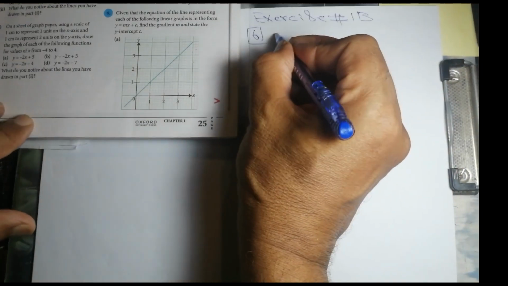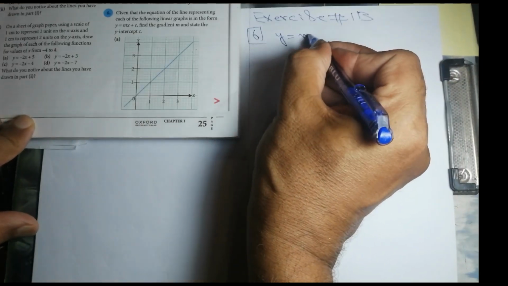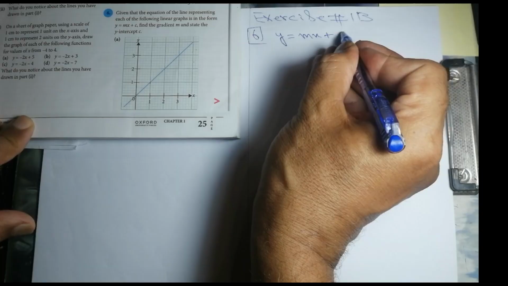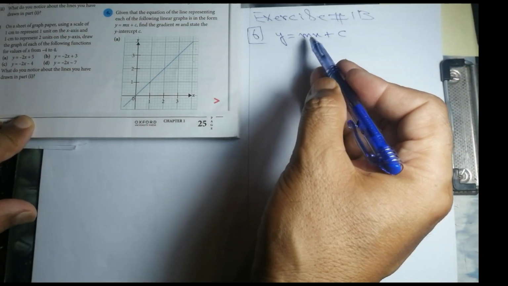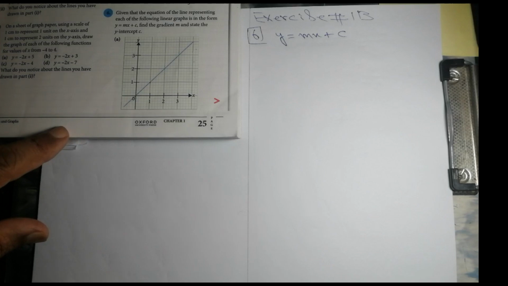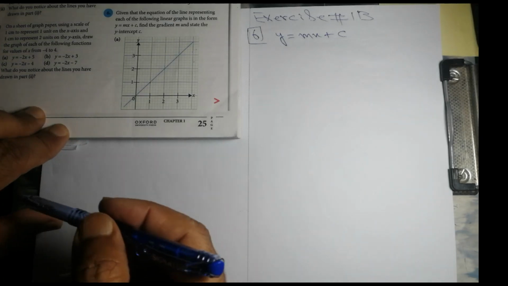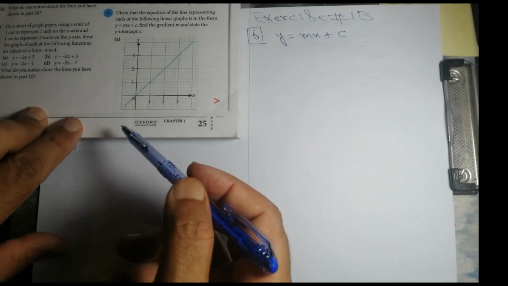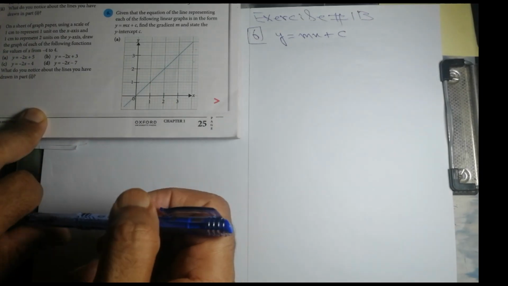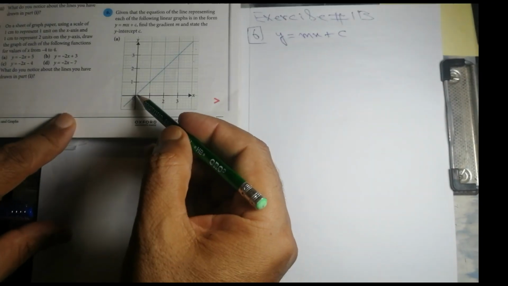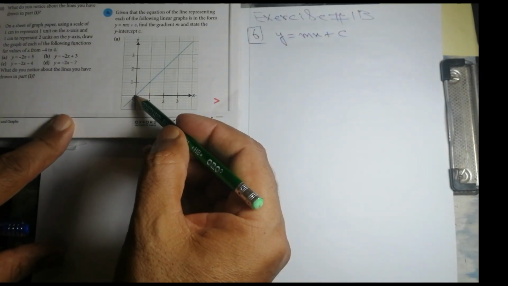So y equal to mx plus c. c is the y-intercept and m is the gradient. We need to find the gradient and c, which is the y-intercept. So first of all, let me explain the direction of the line. This line is from left to right.